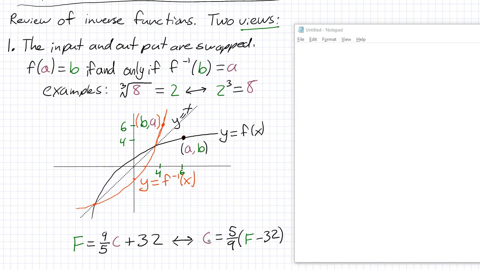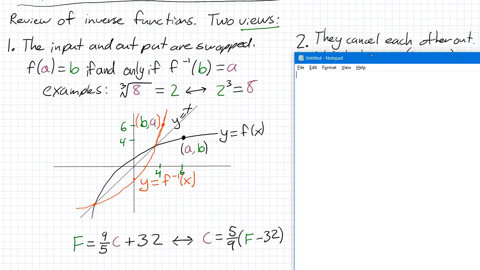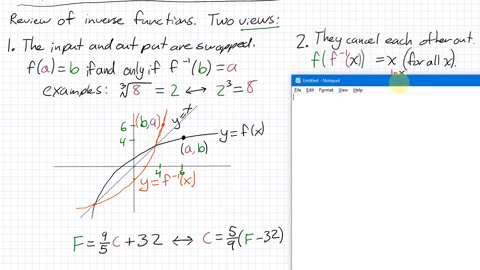This whole way of looking at it is actually equivalent to view number 2, which is that these are functions that cancel each other out. So in other words, if you do a function composition with them, like f of f inverse of x, you get x.